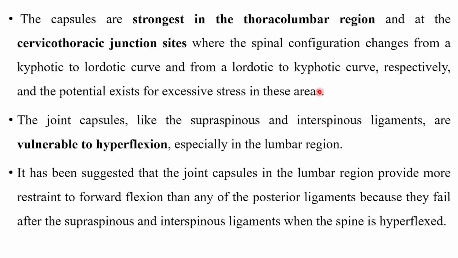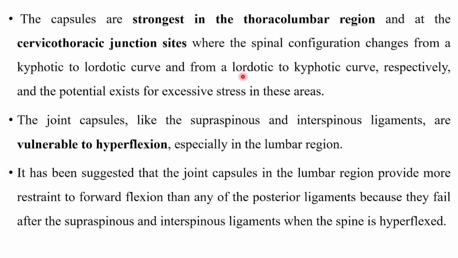The capsules are strongest in the thoracolumbar region and at the cervicothoracic junction, where the spinal configuration changes from a kyphotic to lordotic curve and from a lordotic to kyphotic curve respectively, and the potential exists for excessive stress in these areas.